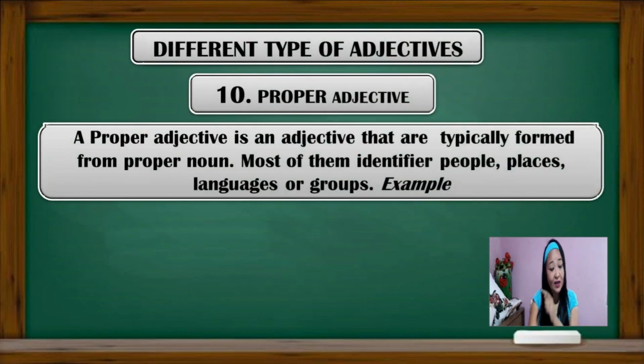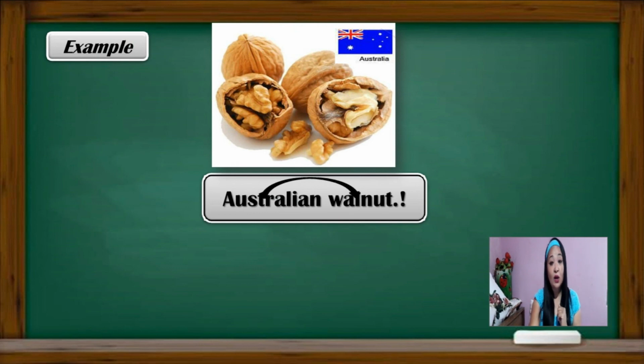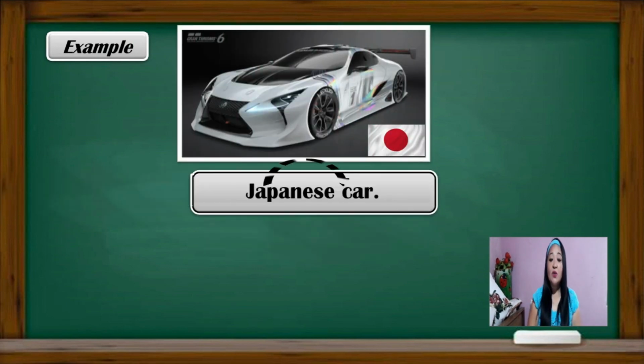Once again, see the screen, the definition. A proper adjective is an adjective that is typically formed from a proper noun. So that's what I said just now, Australian walnut. Let us see one more example. When I say Japanese car, the word Japanese is an adjective that describes the noun car.